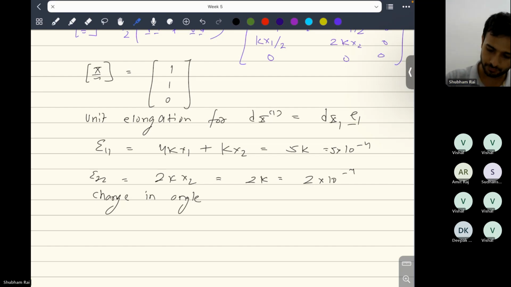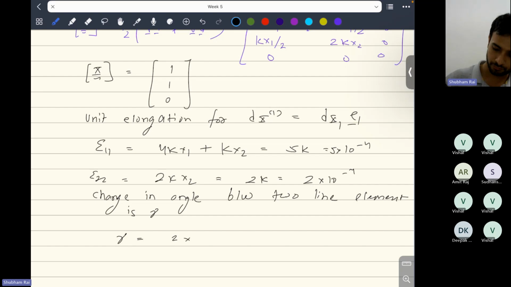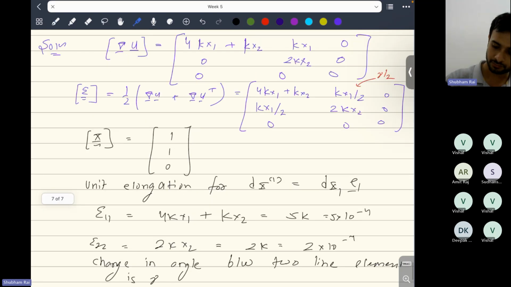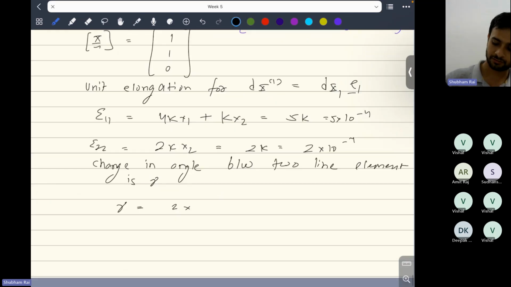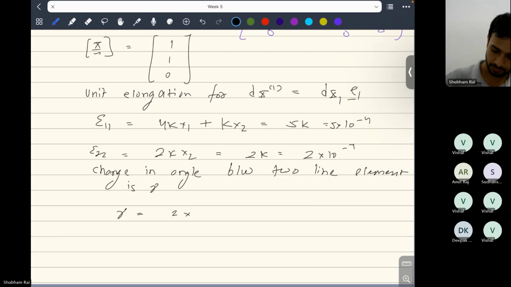That is nothing but the shear strain, given by gamma, and gamma is double of the shear strain component that you have, double of 2k x1 by 2, so double of k x1 by 2, so that will be k x1.